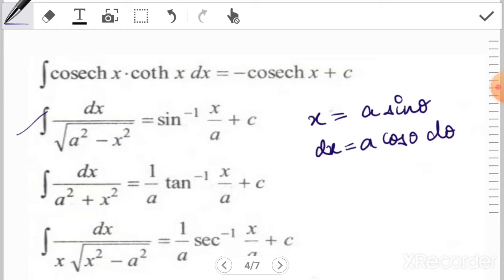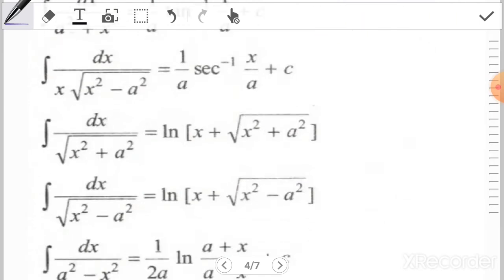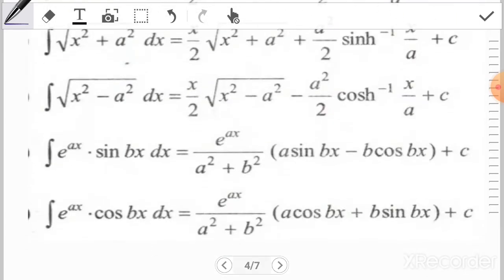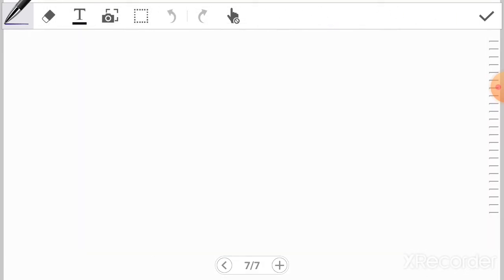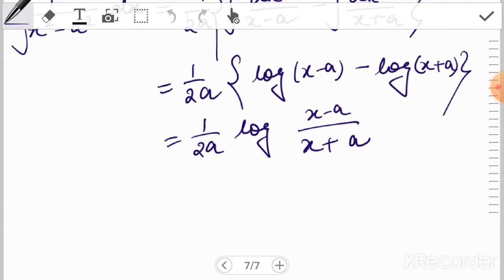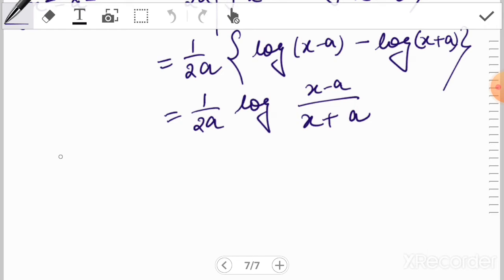Try to derive these on your own and let me know if you face any difficulty. Okay, now let us go back. So next is definite integrals.